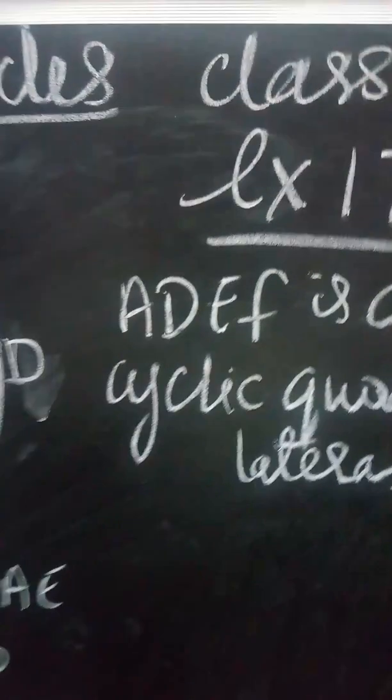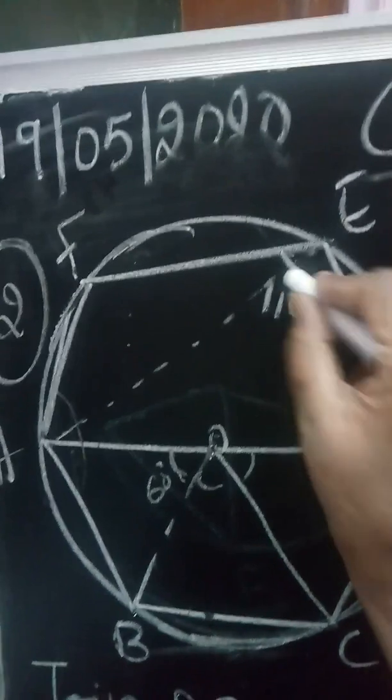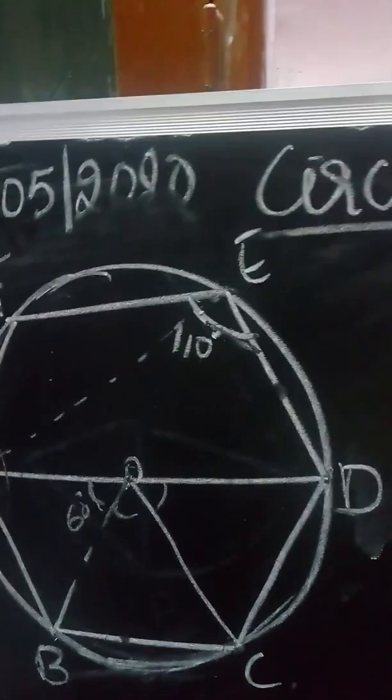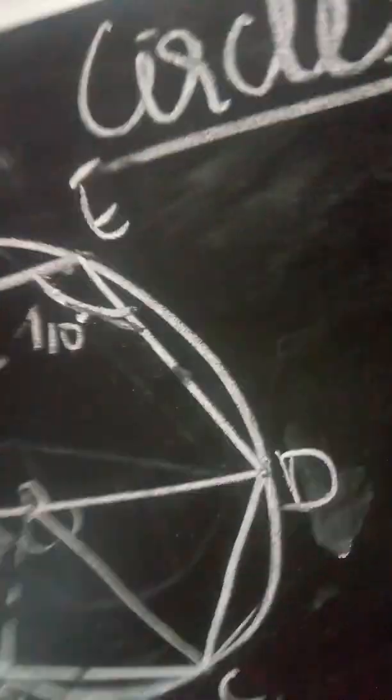Now, you see, when I join A and E here, this angle is the angle formed at the circumference.